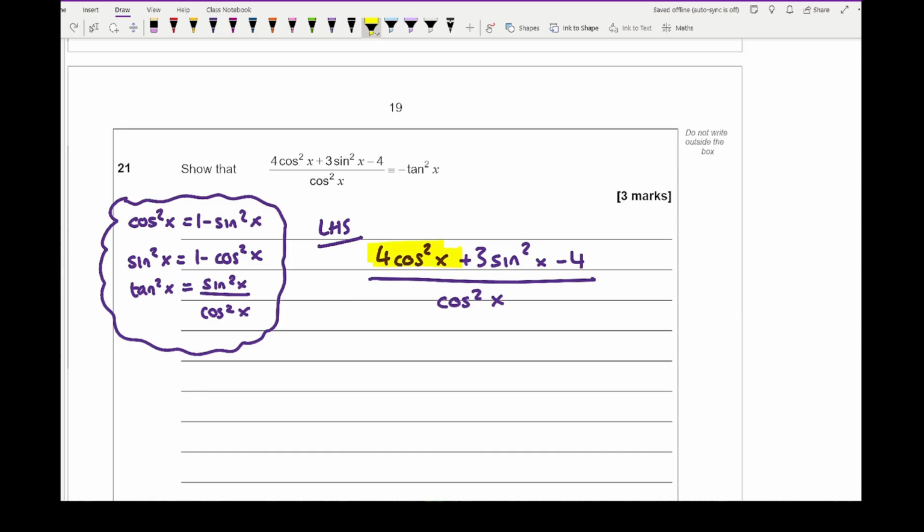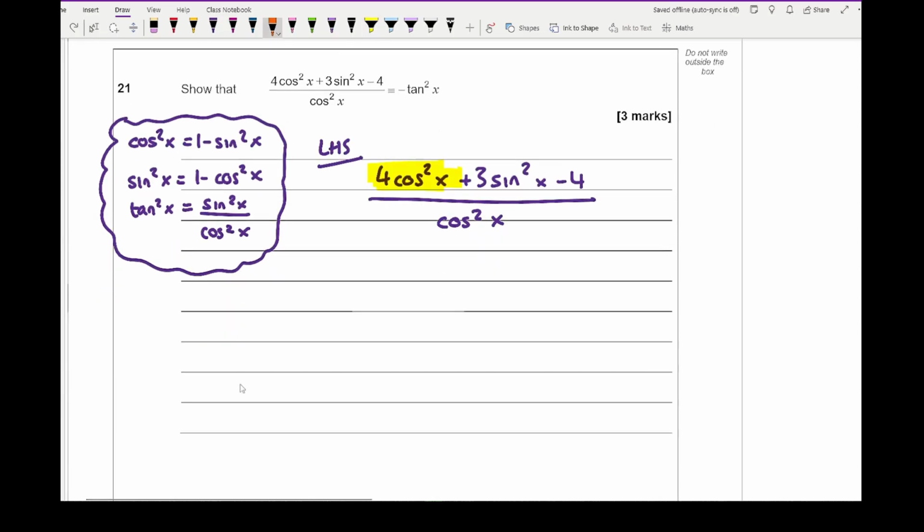So I'm going to work with replacing this. If I put a bracket around the cos squared x, I can write this as (4(1 - sin squared x) + 3 sin squared x - 4) all divided by cos squared x.